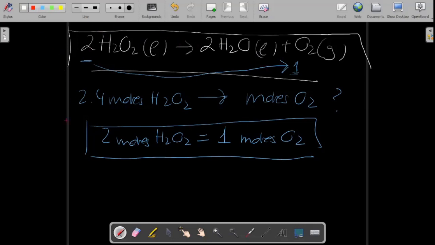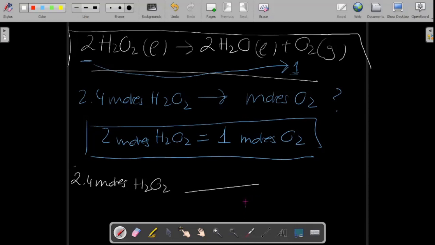Now, let me get the white again. Okay, so we start always with what they give us: 2.4 moles of the hydrogen peroxide. We don't want moles of hydrogen peroxide. Anytime that we want to go from one thing to another, we use the factor label method. So open your fraction and put at the bottom what you're trying to get rid of.